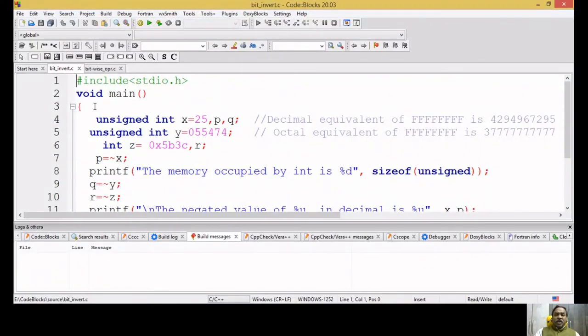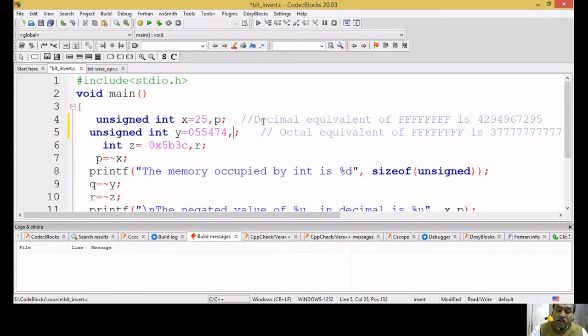Negation is also called the bit invert operator, right? Here we have declared unsigned int x is equal to 25. P and Q are the variables we have taken here. We'll put Q here with the octal. I am showing this program with decimal, octal, as well as hexadecimal. Recollect, how do we declare decimal variables?